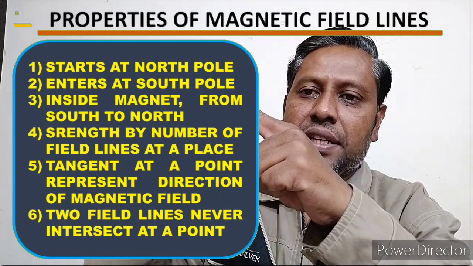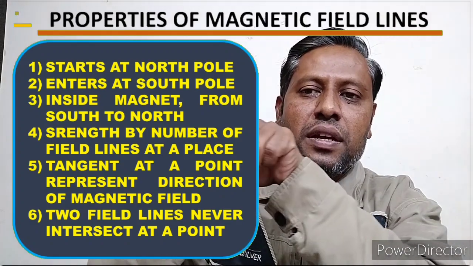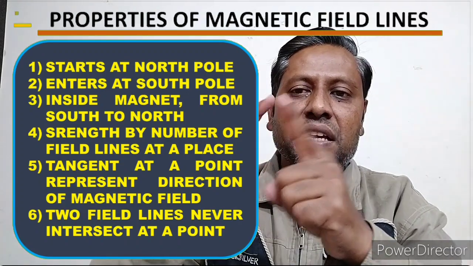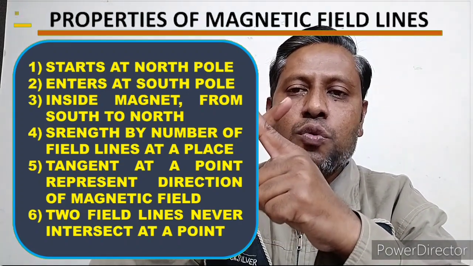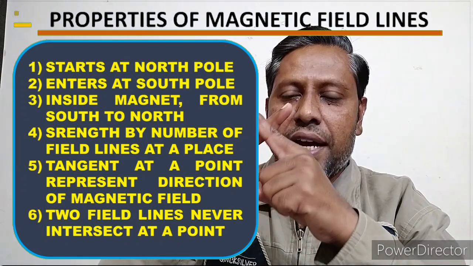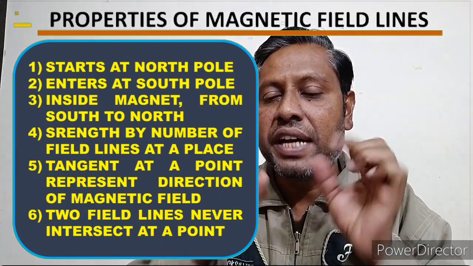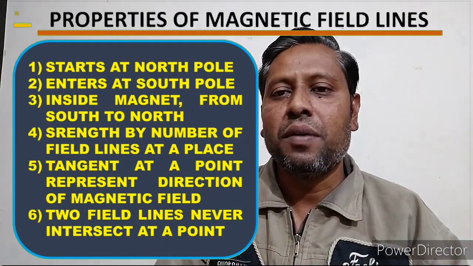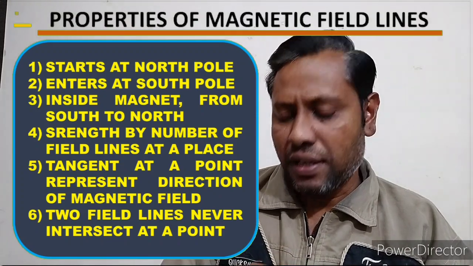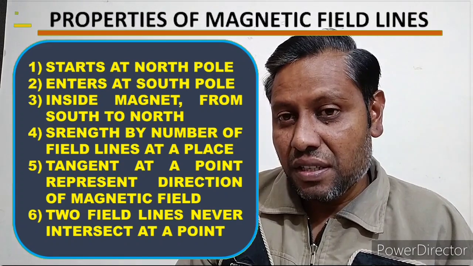One, suppose, along this line, and if the other field line crosses in this way, then you can represent another field direction as well. It means at a given point you will have two possible directions. This is not possible. At a particular position, the magnetic field has a unique direction. It cannot have multiple directions at the same point. So that's why it's very important to understand, right?